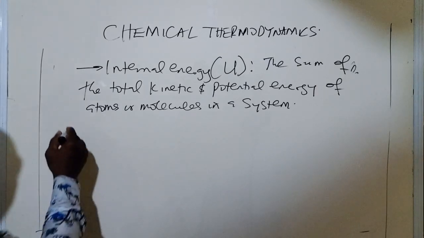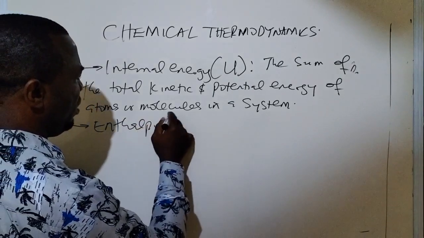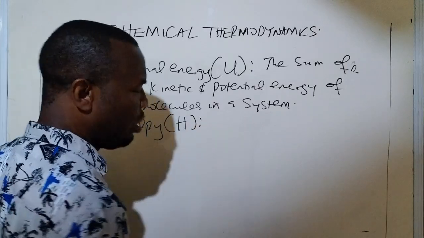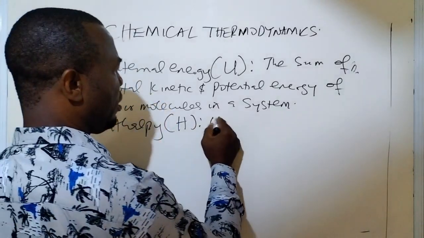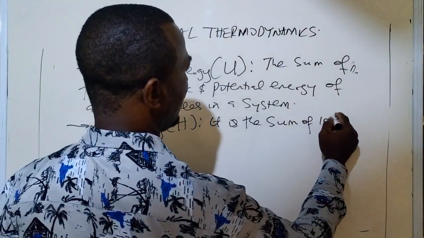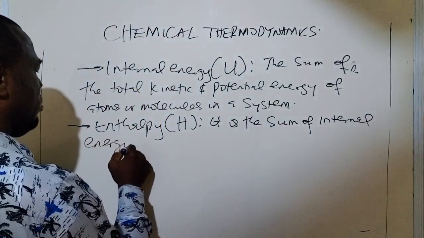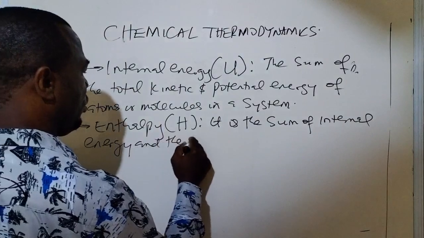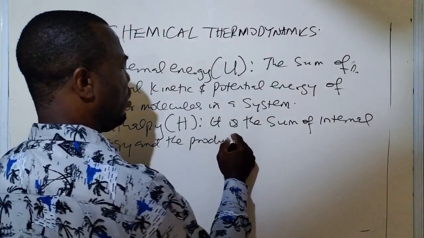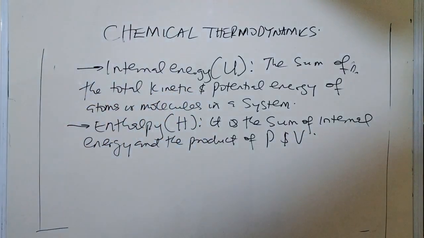The next factor we are concerned with is enthalpy. The symbol of enthalpy is H in chemistry. Enthalpy is defined as the sum of internal energy and the product of pressure and volume of a system.